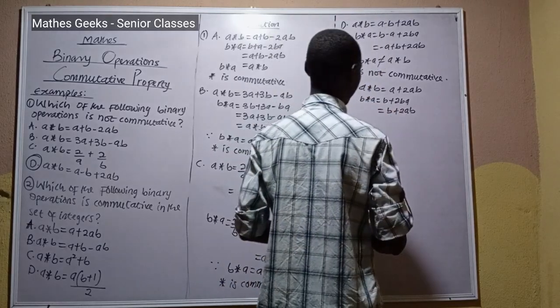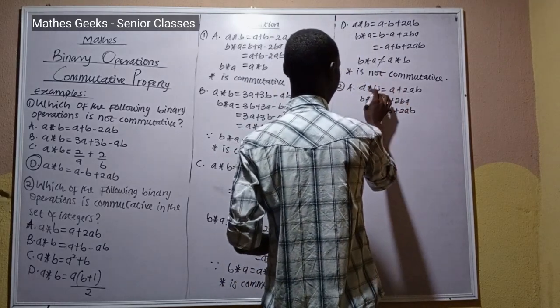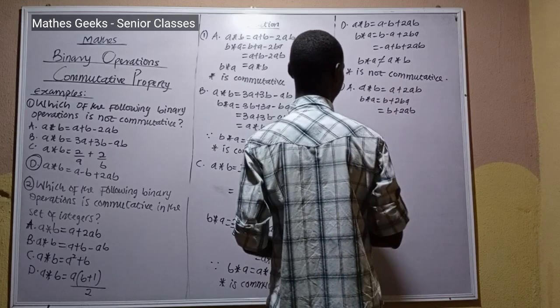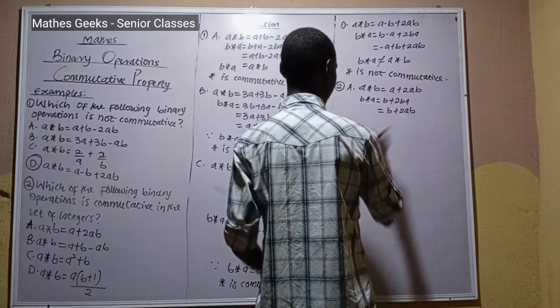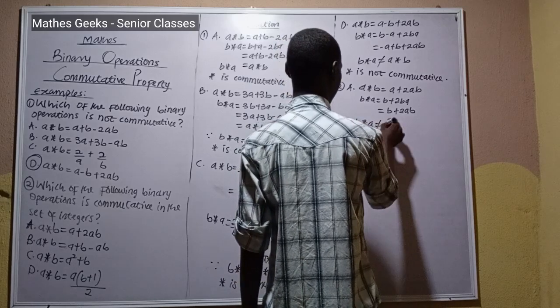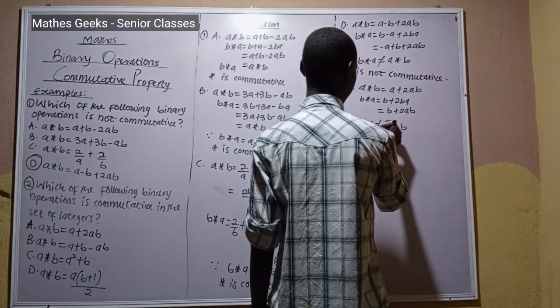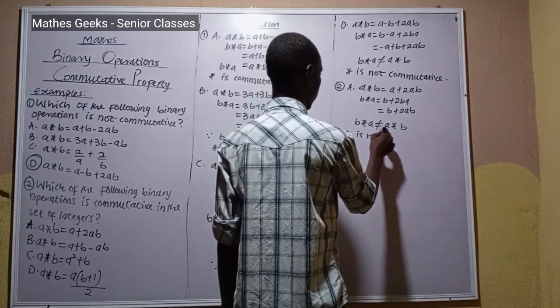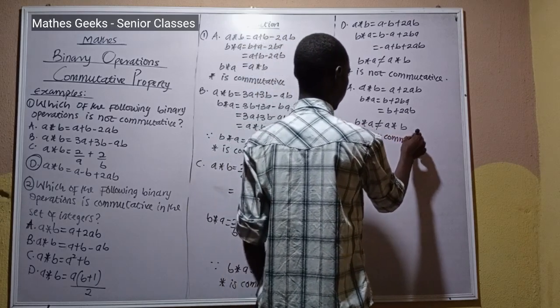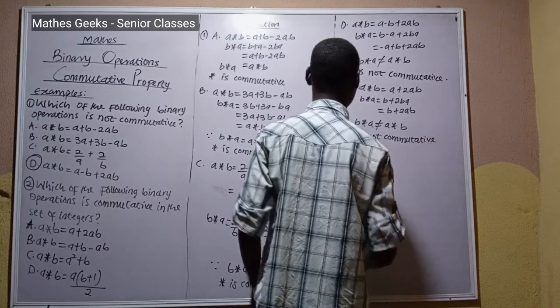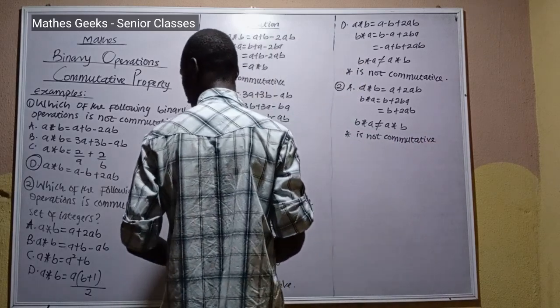So a star b is not equal, because in a star b we have a, in b star a we have b. So it's not equal to a plus 2ab. So we say b star a is not equal to a star b. So what do we see? Star is not commutative. So option A.